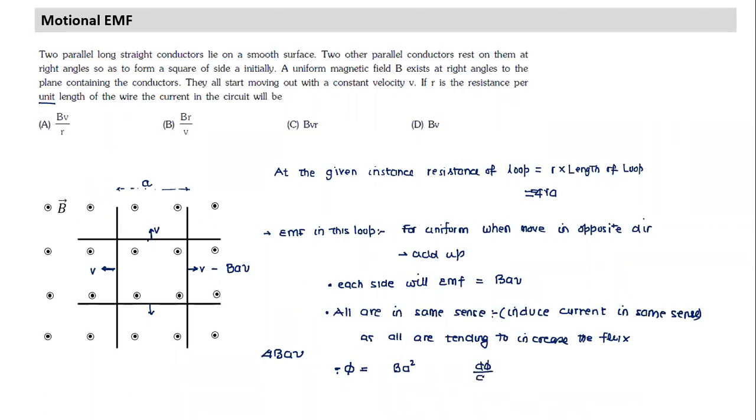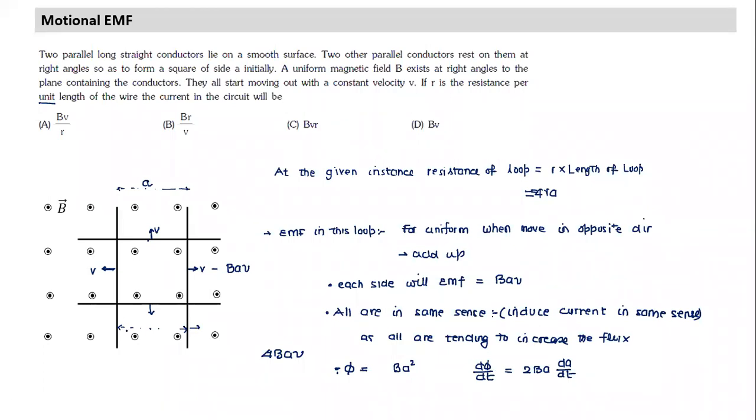Which term is changing? B is not changing, but A is changing. So d phi by dt will become equal to 2BA into dA by dt. What is the rate at which A is changing? What is dA by dt?